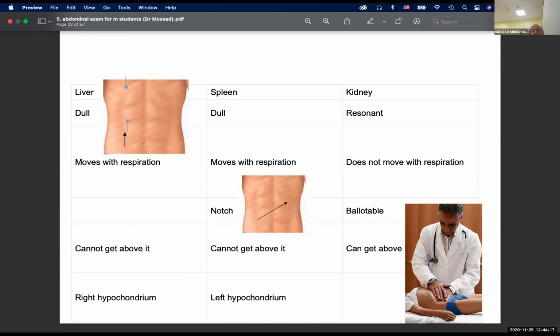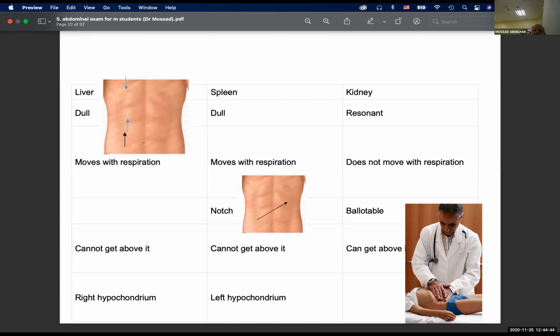For liver and spleen, if you feel any dullness in the right iliac fossa, while you are coming up it must continue until the ribs. For liver or spleen, if you find dullness and then resonance again, it may be another mass, not the liver. For the kidney, you cannot get above it.